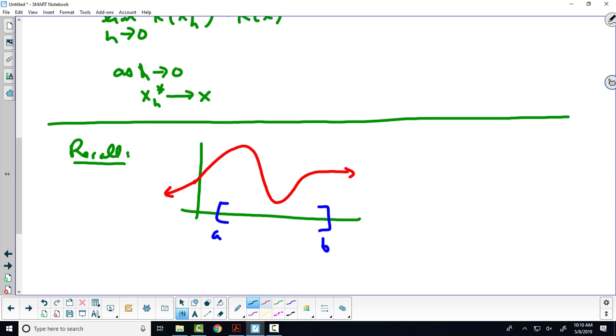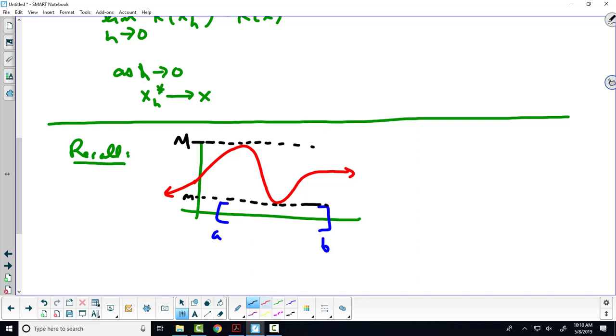Where is it? Maybe right here. Capital M. And it has a minimum on this interval. Maybe right here. Lowercase m.